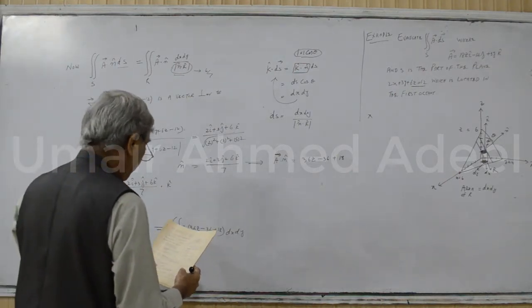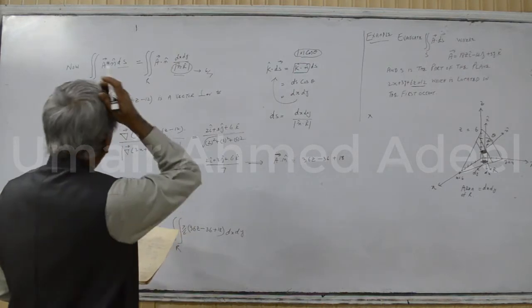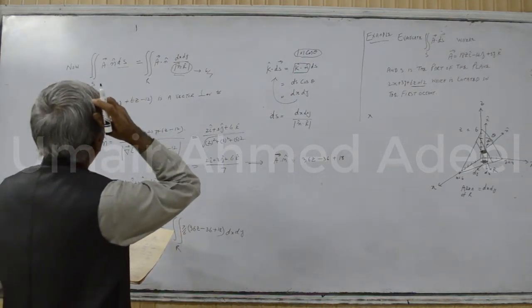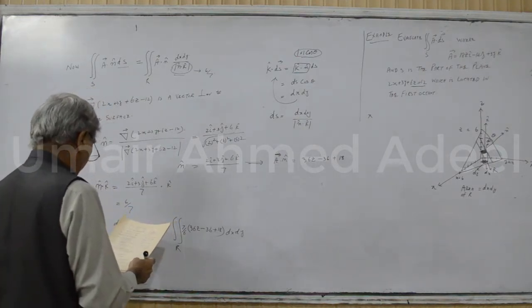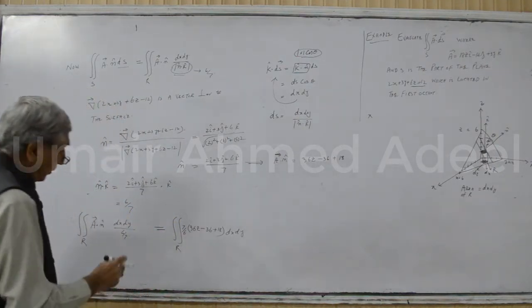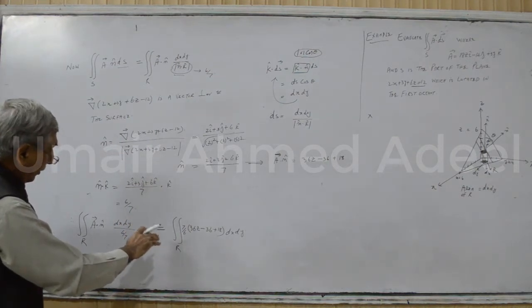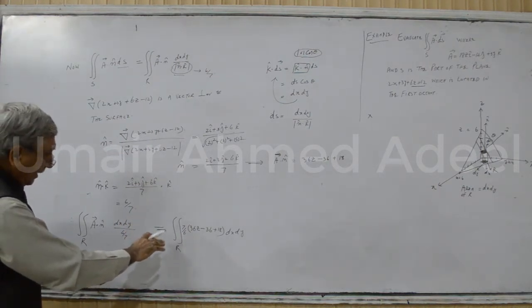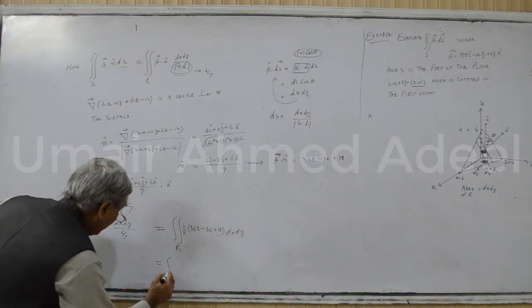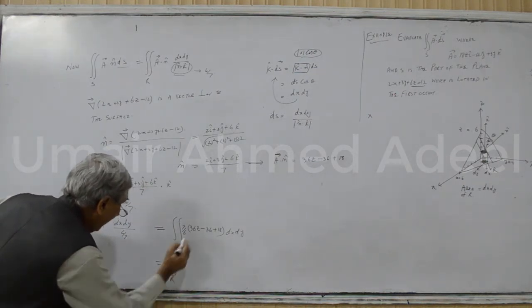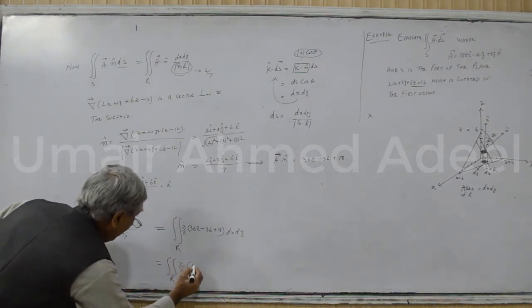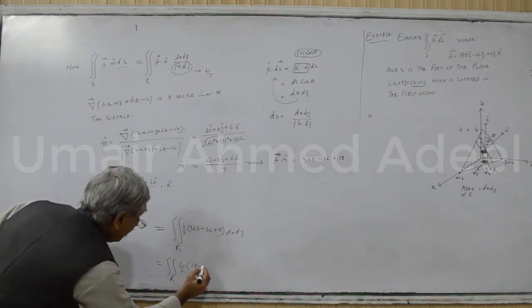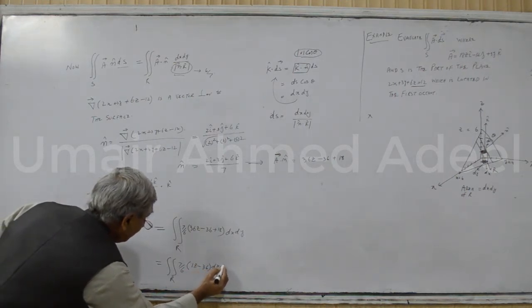7 by 6, and what else? A dot n. Now, since we are working in region R, z is 0 there, and that is 7 by 6 times 18 minus 36 dx dy.